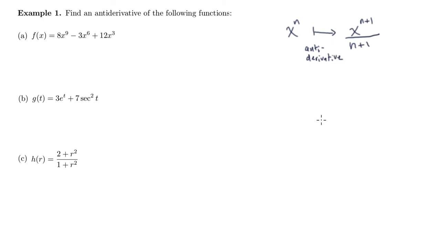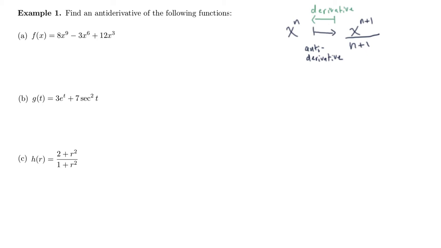So for a power, if you want an antiderivative, just add 1 to the power and divide by the new power. And notice that if I go backwards and take the derivative, I really will get back to where I started, because I'll just bring down the n plus 1, which cancels with the n plus 1 in the denominator, and then subtract 1 from the exponent, and I'll get x to the n.